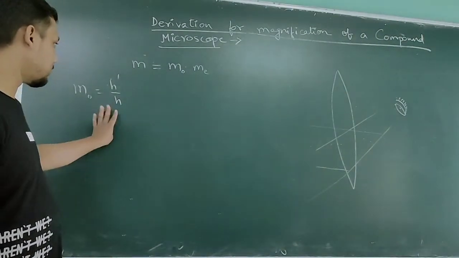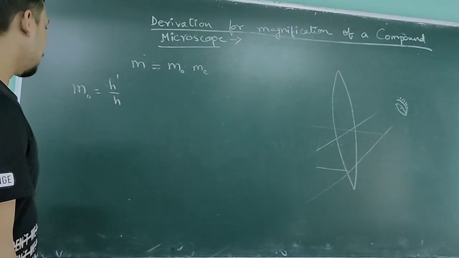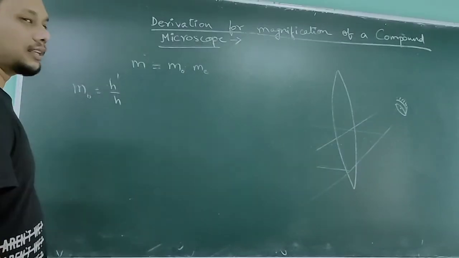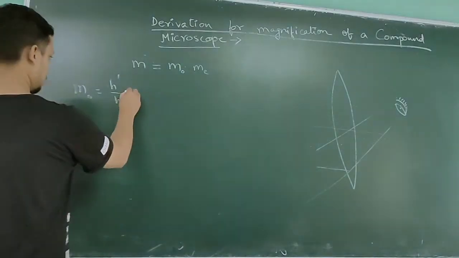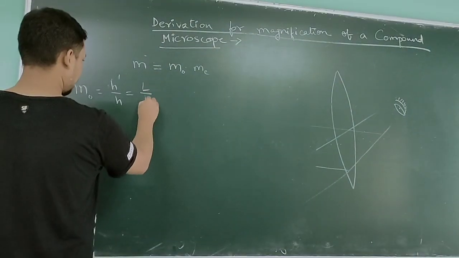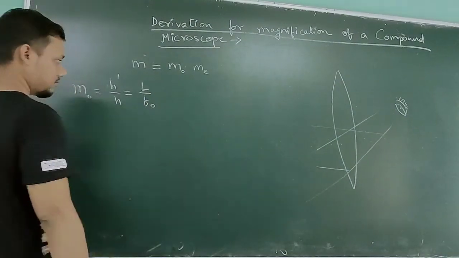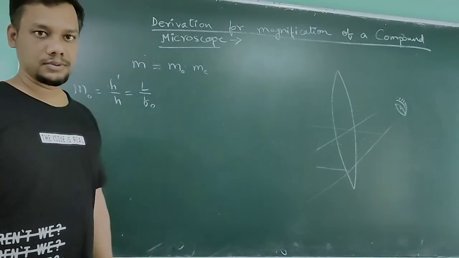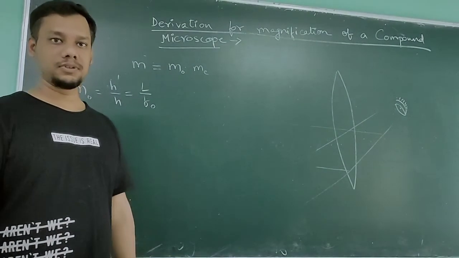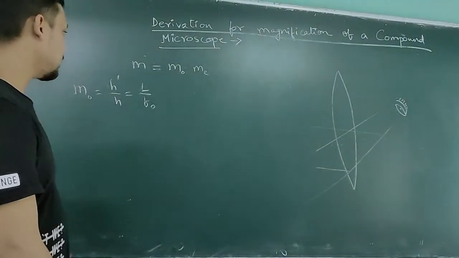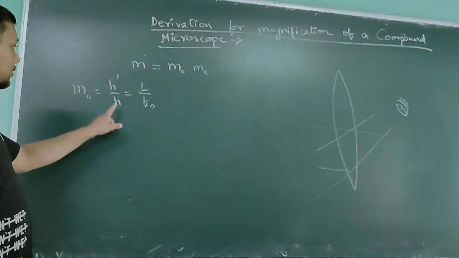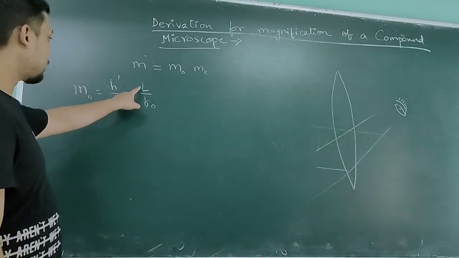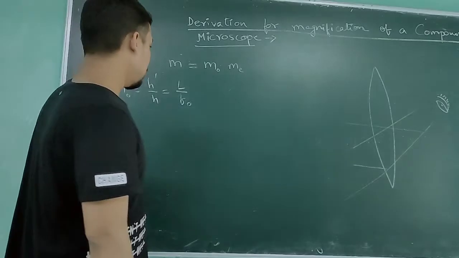It's very simple. Now, in place of this, can I write L by F0? Yes or no? Now there is no student here to respond, so I will respond. Yes, we can write h dash by h is equal to L by F0.